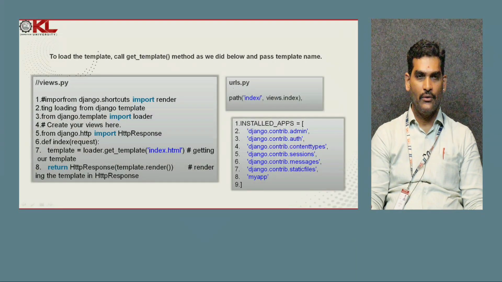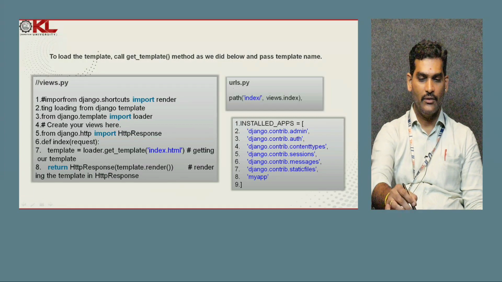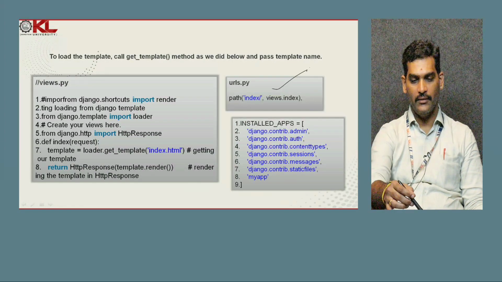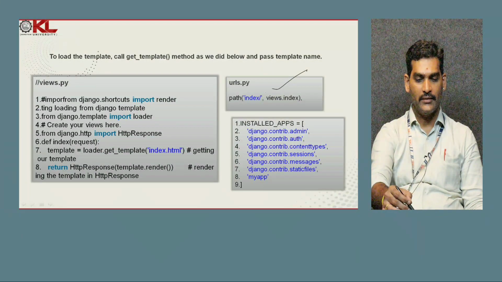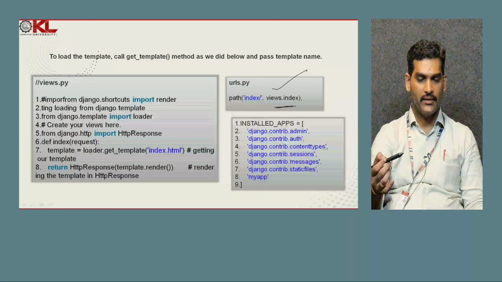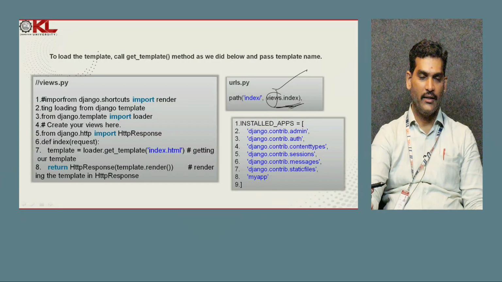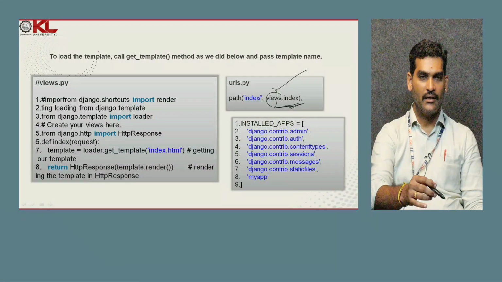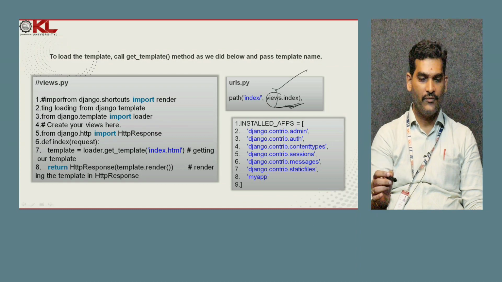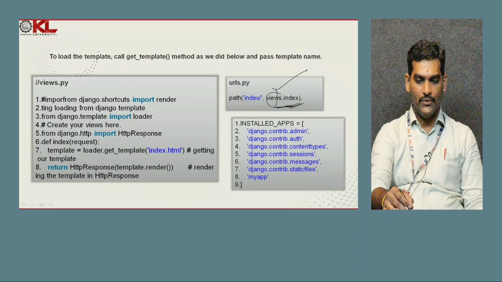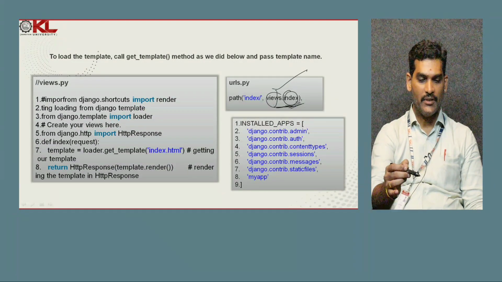To load a template, we use the get_template method. So here different things are there: urls.py and the path we are creating here, index/views.index. Under views we have an index method. So views.py is here, and we are rendering views.index; index here is nothing but the method.